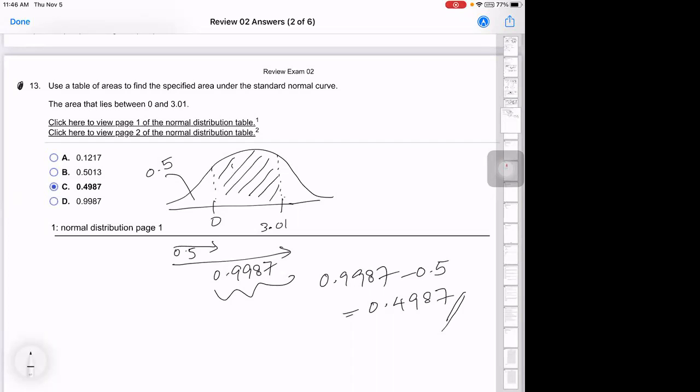To find the area in between, you have to find the boundary areas. This is 0. Everything starts from negative infinity and goes up to the value, but you can just skip these infinity cases. Just remember, start from the left hand side. Then take the difference and find the area.